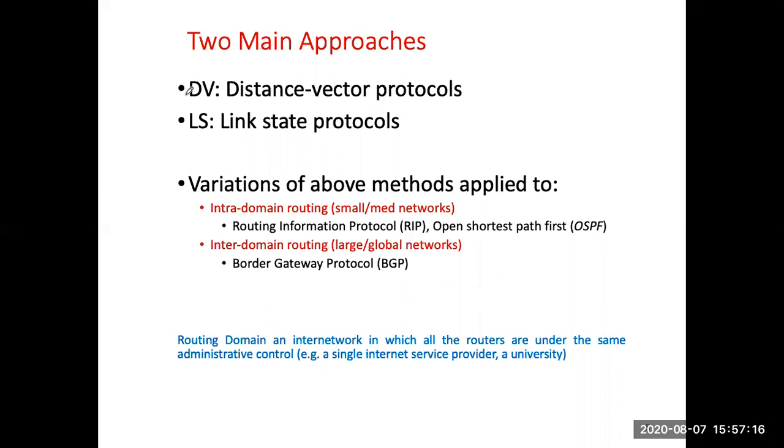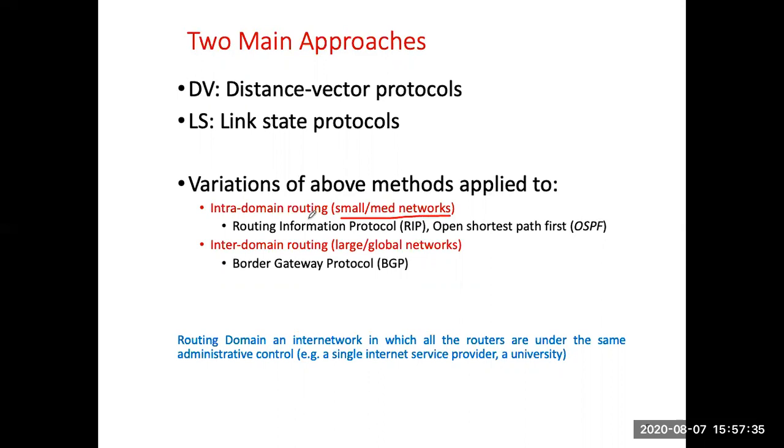As we discussed, there are two main approaches, the distance vector protocols and the link state protocols. Now the question is where these two types of protocols are used. They are used in different types of networks. For example, intra-domain routing is used for small and medium networks.